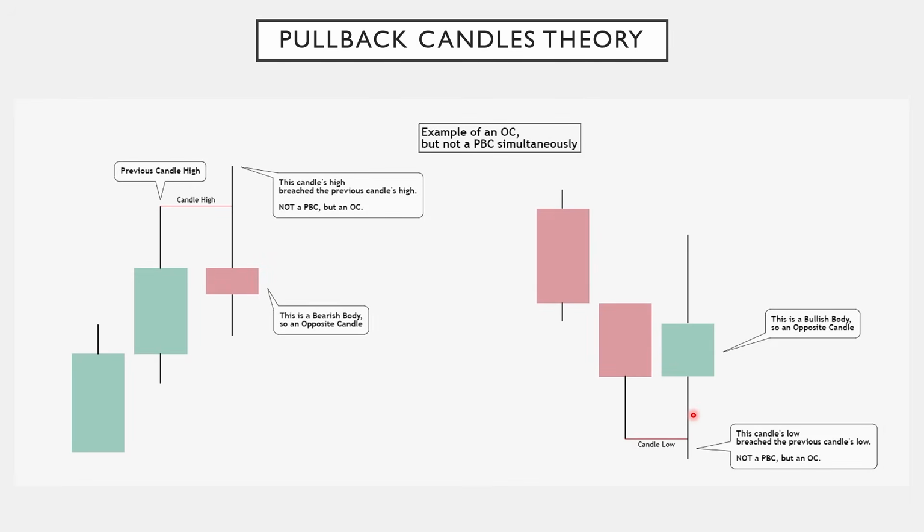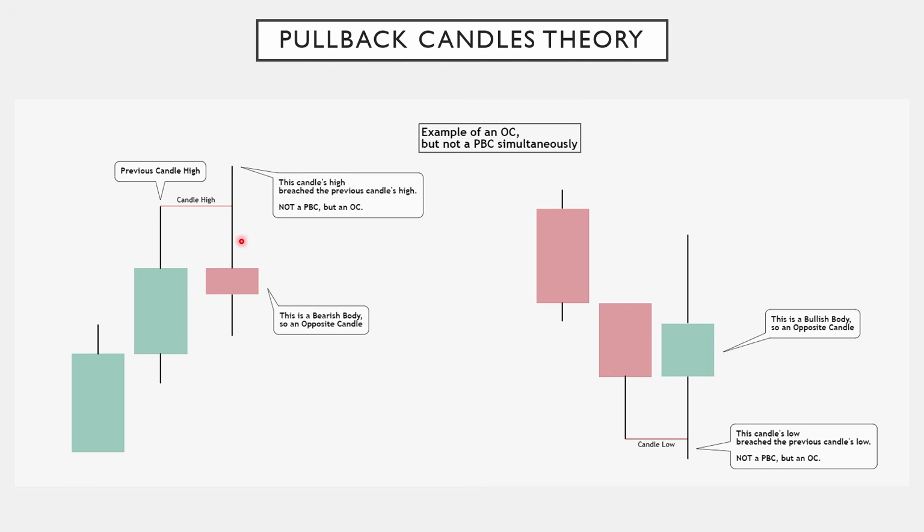This is exactly the one that I gave you. So here is, for example, not valid pullback candles. Here is the push, same example as last time. There is that previous candle's high, but you can see the market then prints an opposite candle. However, remember, when it comes to pullback candles, we look mainly at the wicks.